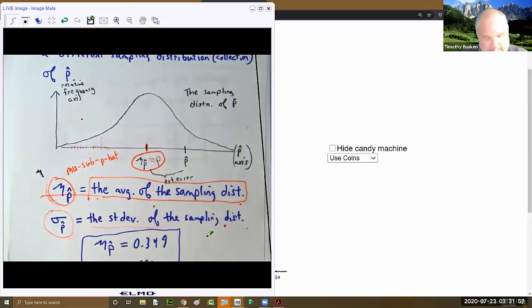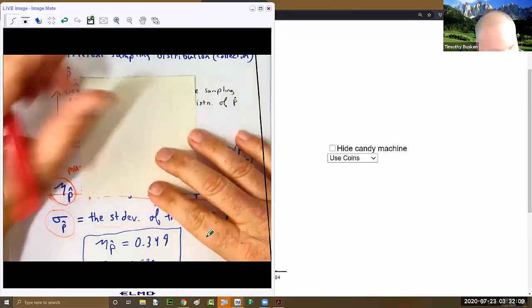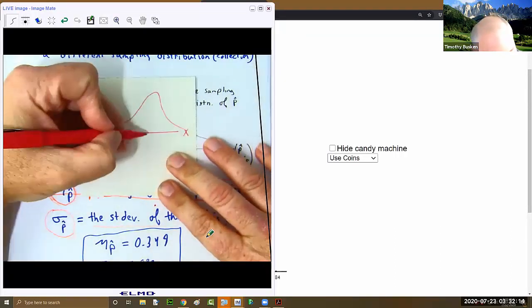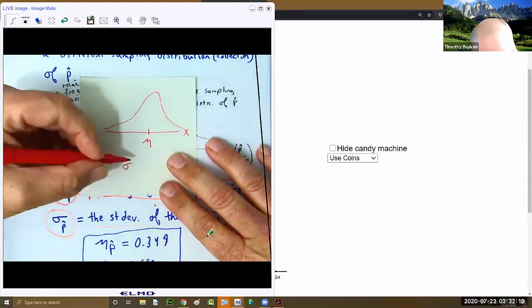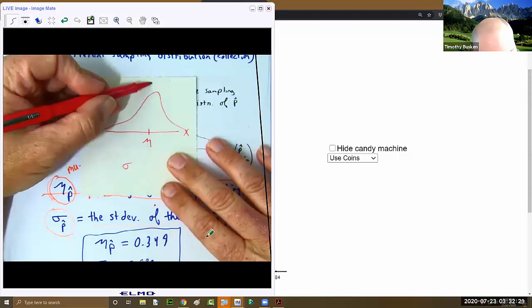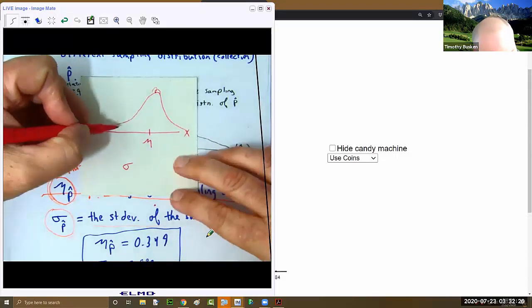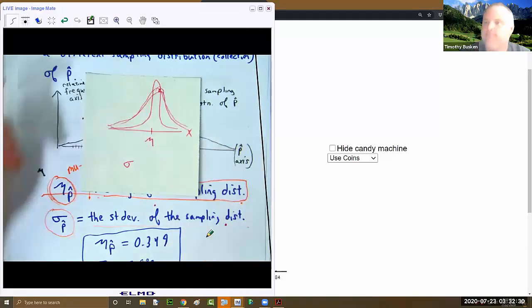The thing I was going to say was, whenever we describe a normal curve, there's really only two things that you need to describe a normally distributed variable x, and that is the mean, the location of the center, and the standard deviation, which controls the height of the peak for the normal curve and the spread, how far spread out it is, whether it's narrow or more widely spread out.